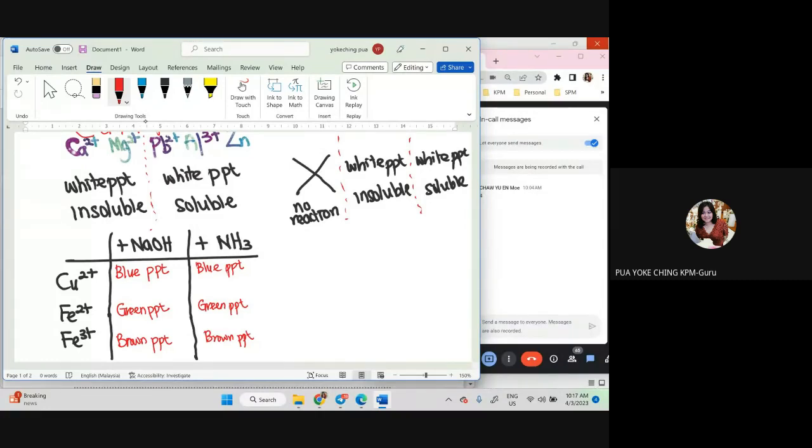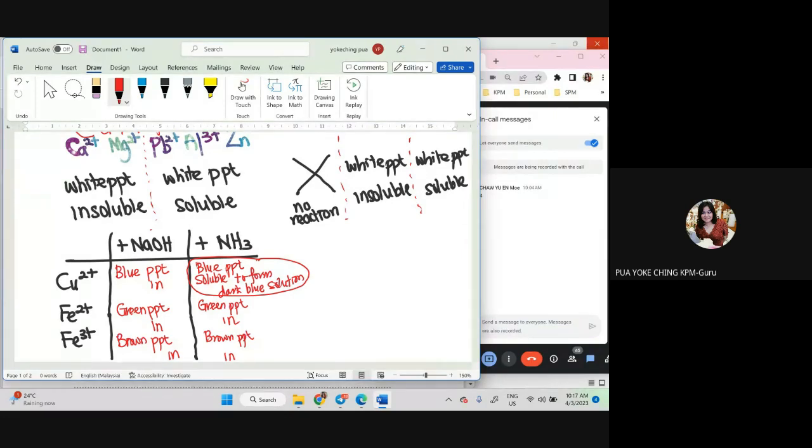Untuk sini, semua insoluble, insoluble, insoluble, insoluble, insoluble. Only this one soluble to form dark blue solution. Okay, so this is the Cu2 plus.